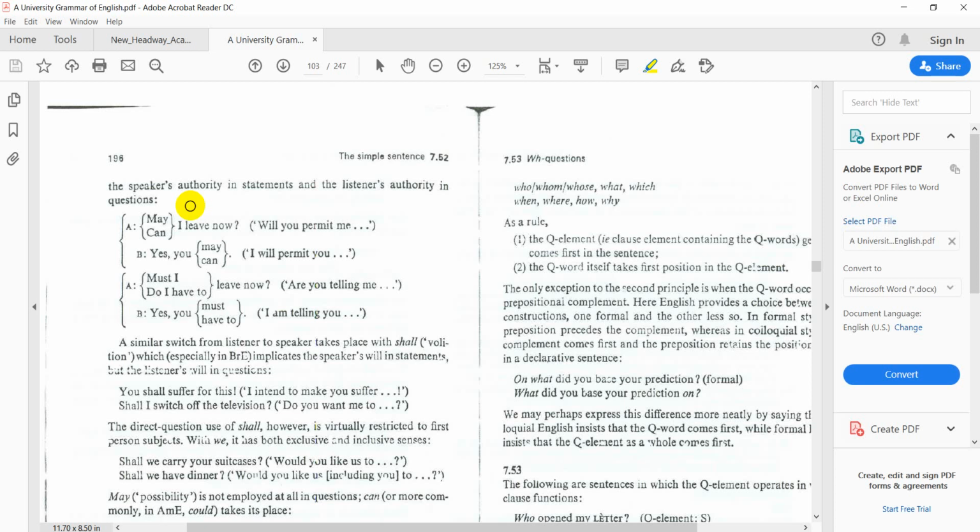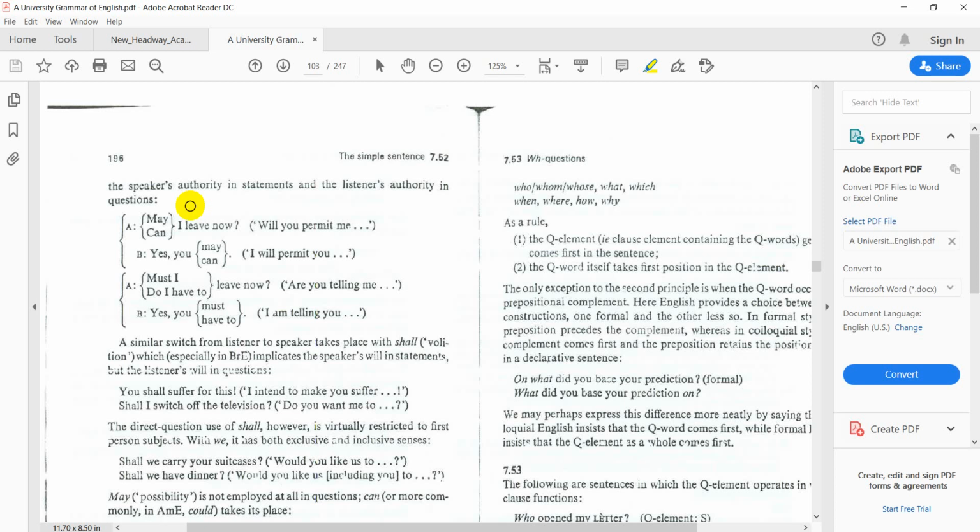That's why it is the listener's authority in asking a question, and the speaker will reply to that question either by saying yes or no. So it is the speaker's authority in a statement. So the speaker is not going to ask a question. It is the listener who is going to ask the question.